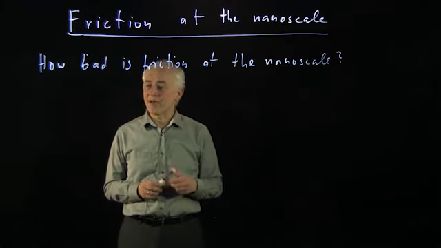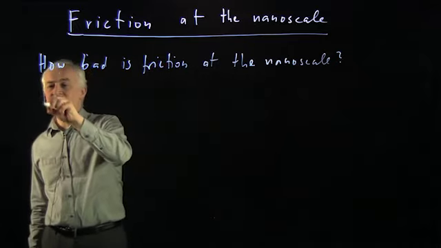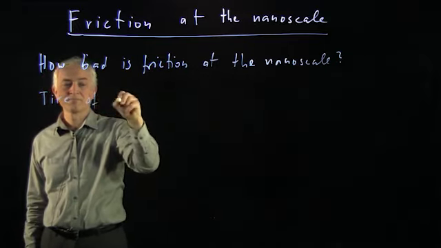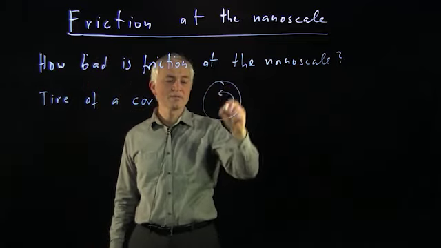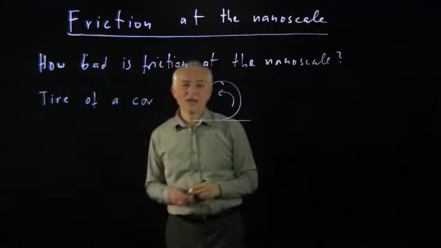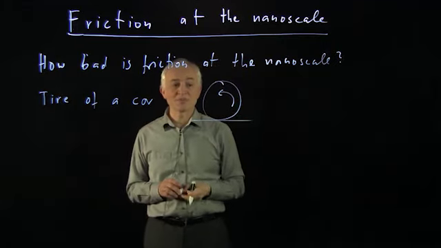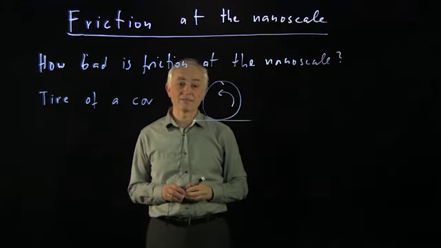To illustrate how bad this really is, let's consider a tire of a car. So this tire is rolling as your car is driving, and we can try to estimate what happens to the wear of this tire.